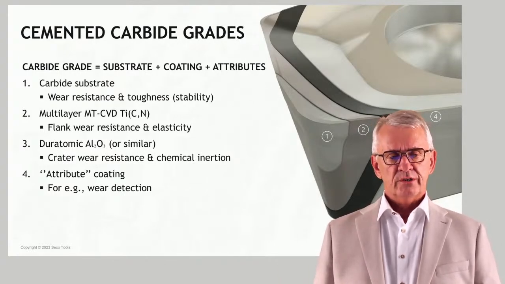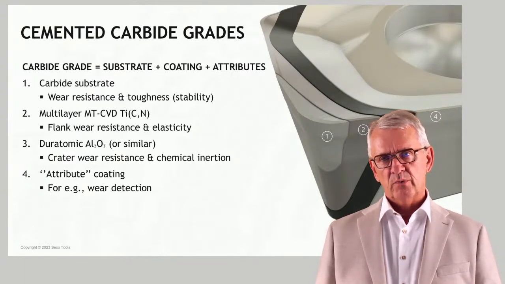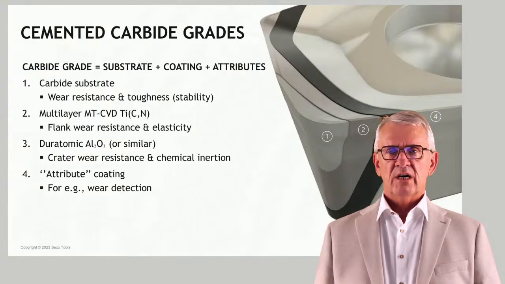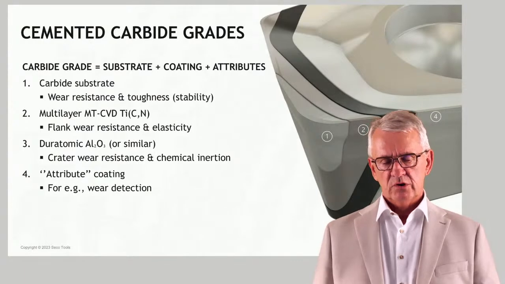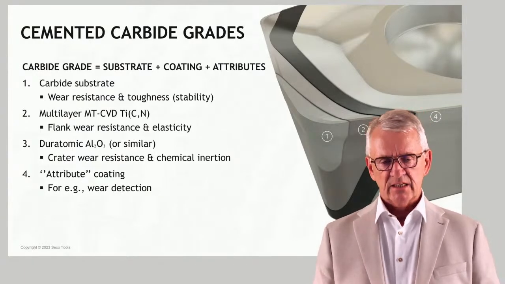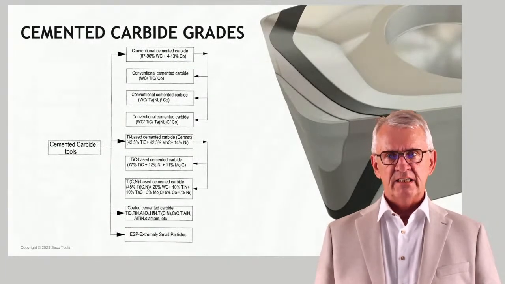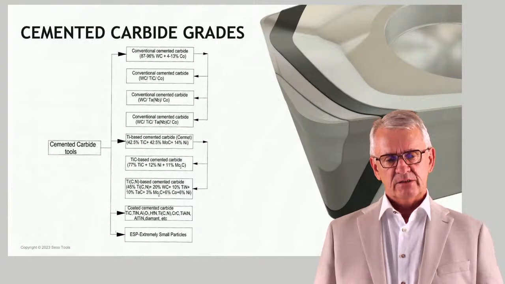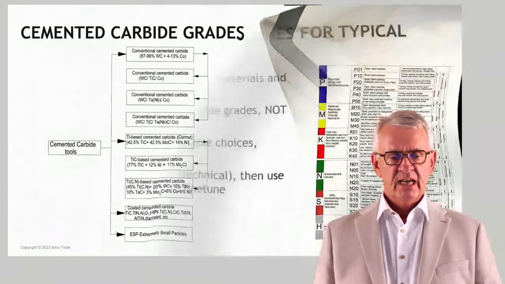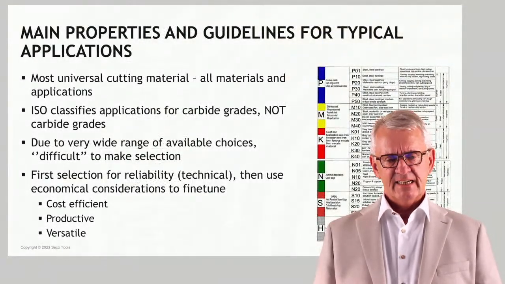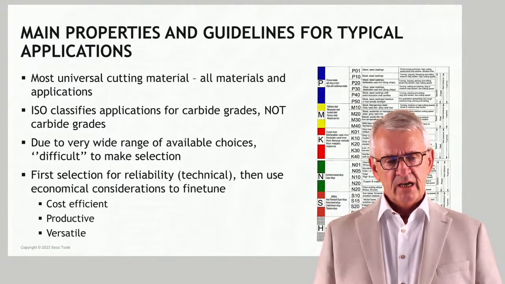And if we talk about modern cemented carbides, we talk about carbide substrates, we talk about different layers, we talk about coatings, we talk about attribute coatings, things which are added for extra reasons on cutting edges. And based on how we combine things, we can divide cemented carbide into quite a lot of subfamilies. And those subfamilies, that's what machining people have to find their way in.